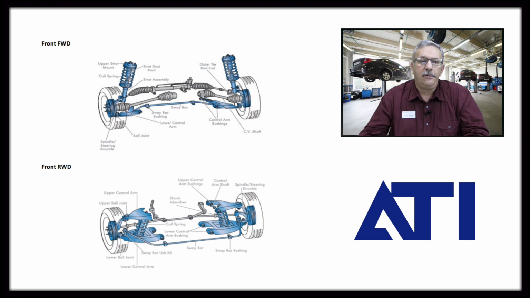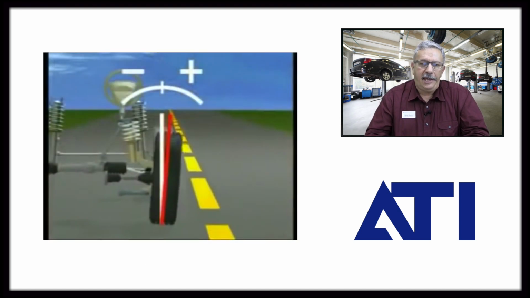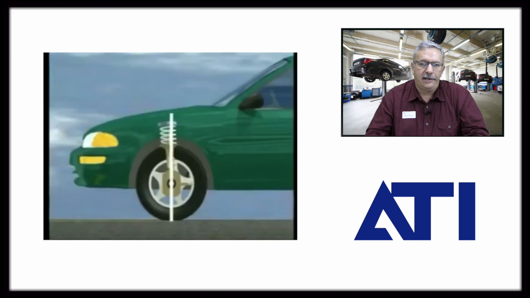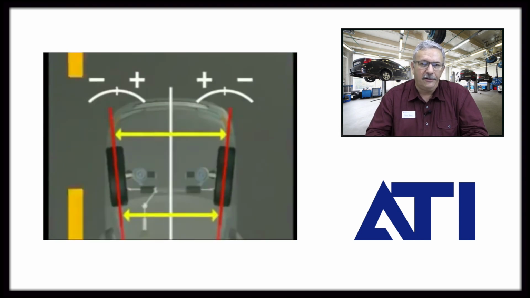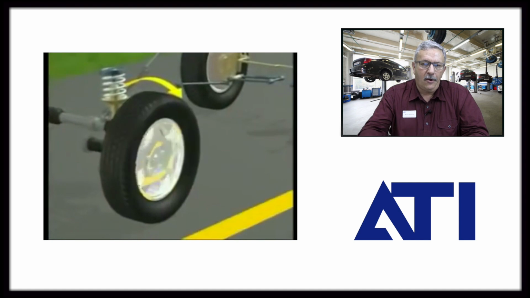In addition to the rear-wheel drive car, instead of having a strut suspension, we'll have a shock with an upper and lower control arm. So we have a little bit of different things that we look at here, and we'll talk about that more in detail, because the measurements that we used, kingpin inclination, and those things are a little bit different from rear wheel to front wheel drive.